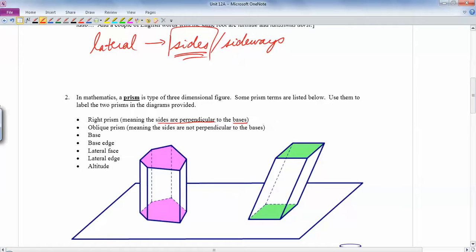If it does form a right angle with the ground, then it's called a right prism. This one, I tried to make it so that these angles look like they form 90 degrees with the ground. So this one is the right prism. And the one over here, when it's slanted, you just call it an oblique prism.